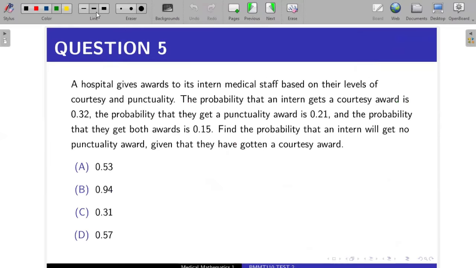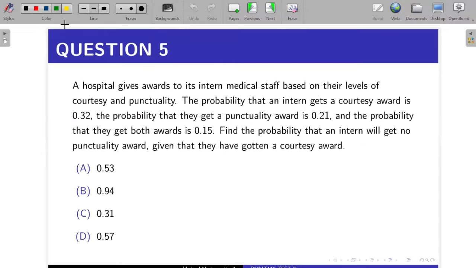Question 5 is the same question, but now they're saying find the probability that an intern will, is it the same question? No, it's not the same question. Okay, so let's read the question. A hospital gives awards to its intern medical staff based on their levels of courtesy and punctuality. The probability that an intern gets a courtesy award is this one here.